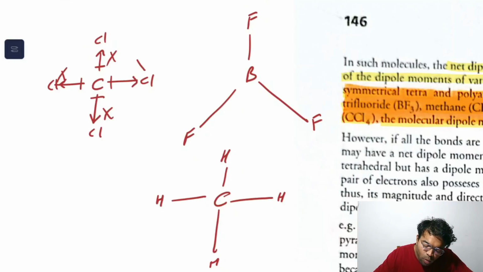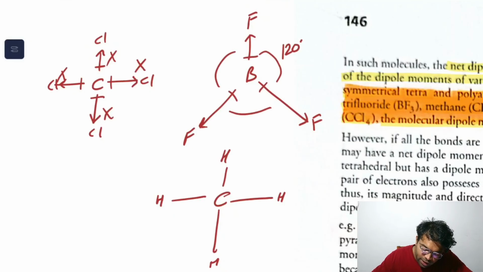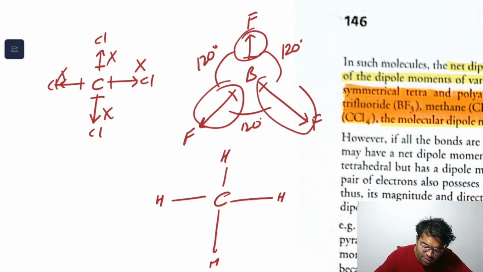Similarly, here with boron and fluorine, obviously the direction will be like this. We know that the angle between these will be 120 degrees. We just discussed this: 120, 120, 120. Now if we represent them as vectors, we see that they exactly cancel each other out, right?